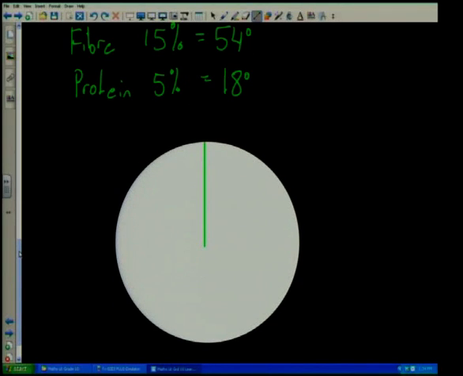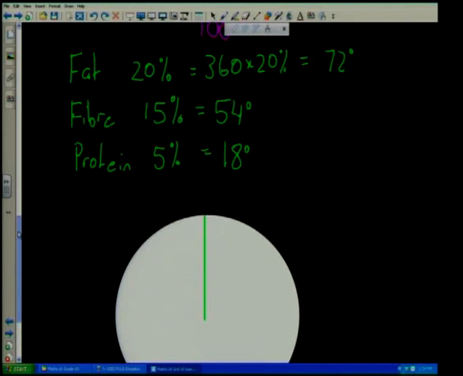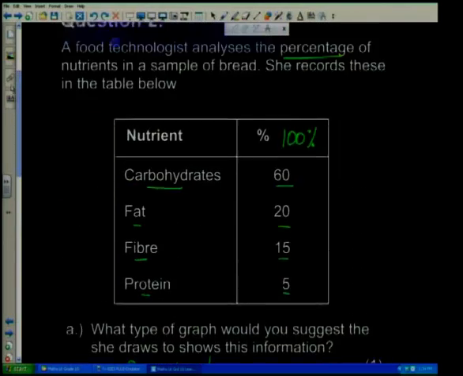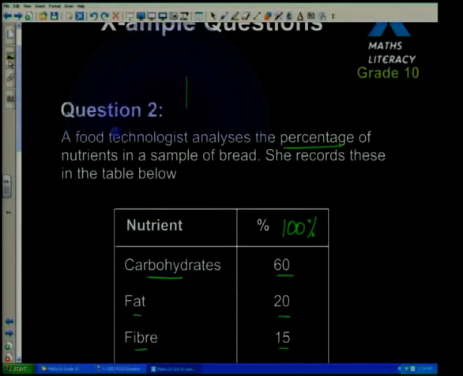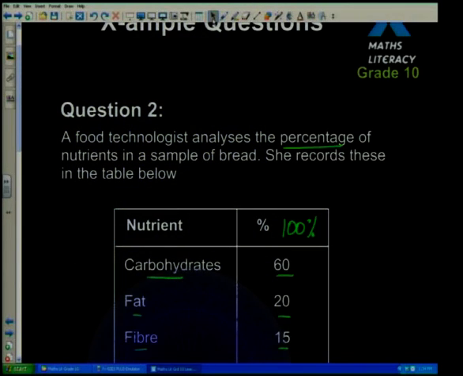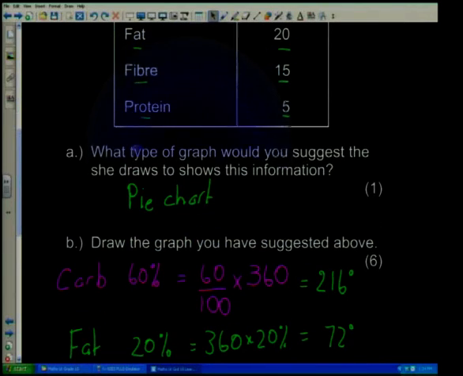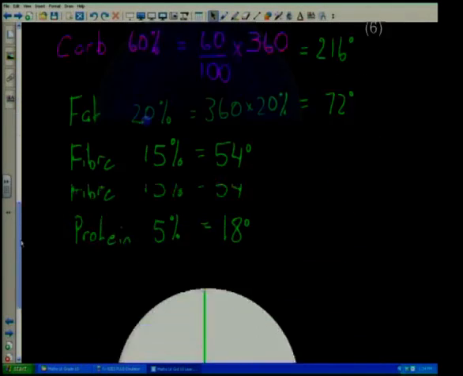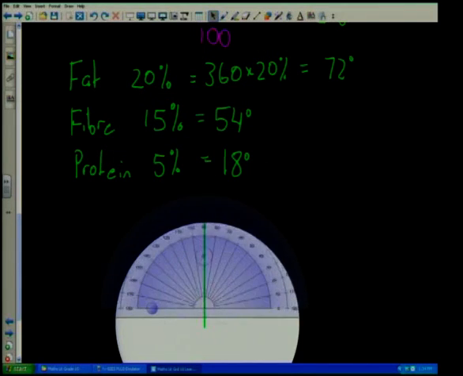Now I need to measure my first chart. So my first one was 216 degrees. So I'm going to try and get myself a protractor and see if this is going to work. So now the protractor, just need to find my protractor and move it. Let's move my protractor down to my circle.